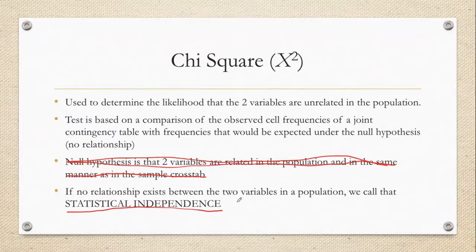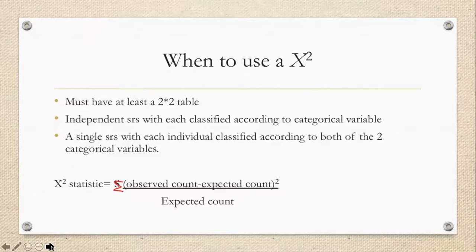Please pay attention to this part, because statistical independence means that the two things operate independently of each other. What we're interested in is whether or not these two variables are in fact related to each other. Remember, this is our null hypothesis. We are trying to reject that null.